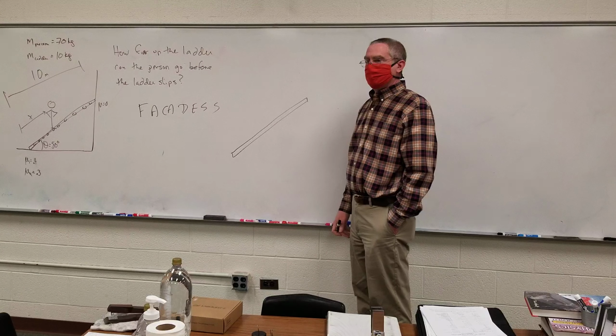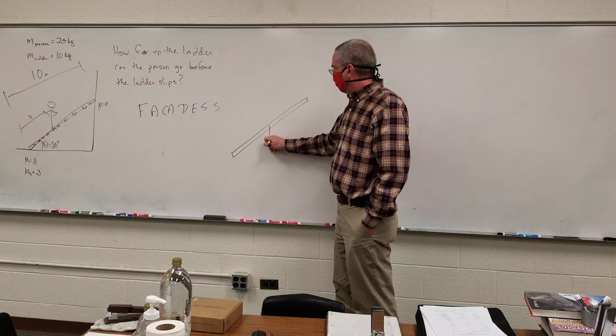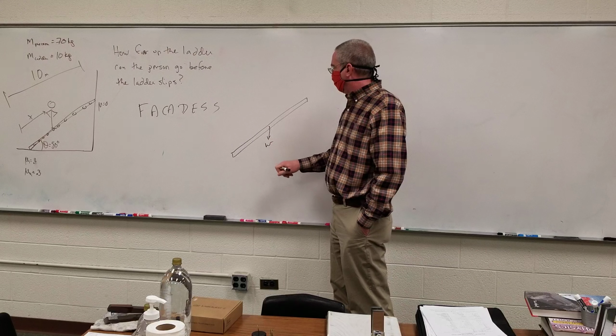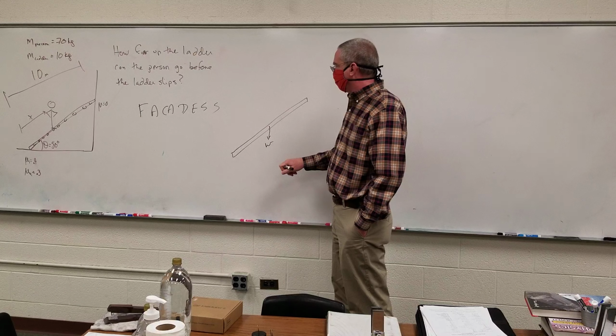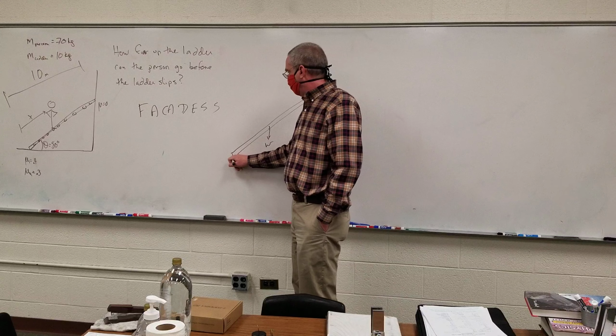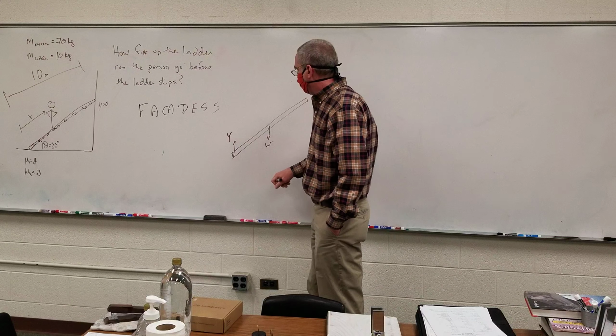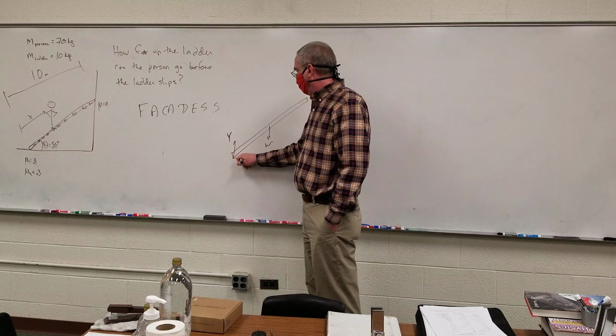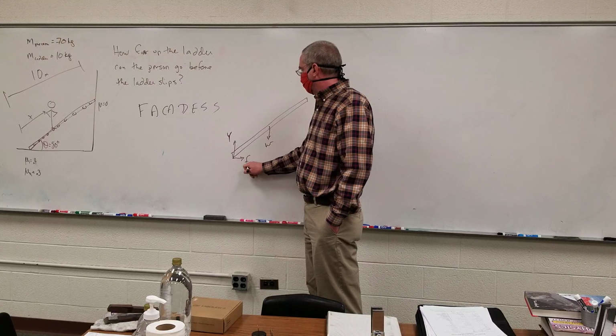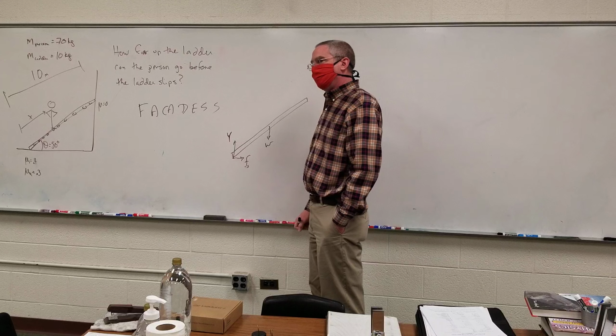Gravity pulling it down, normal force acting up on it, friction acting to the right on the bottom of the ladder. And there's this other force of the person. I guess it's just the person's weight.